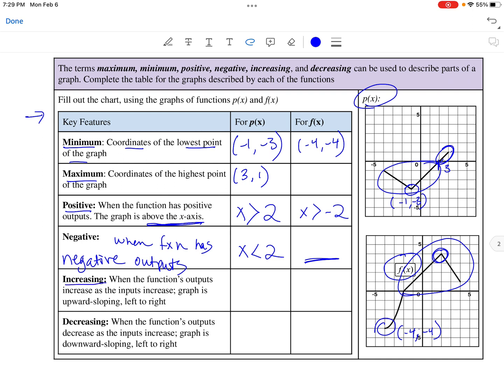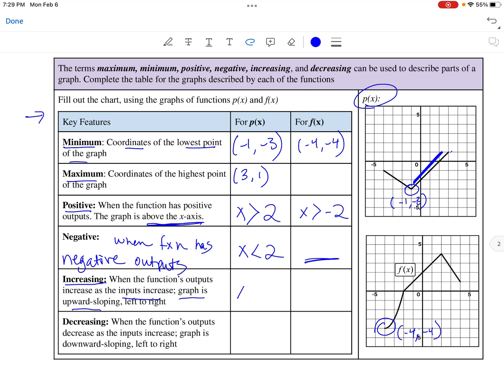Increasing. This is when the function's outputs increase as the inputs increase. It's when the graph is upward sloping, left to right. So for this first function, p of x, it's upward sloping in this section right here. That line has a positive slope.